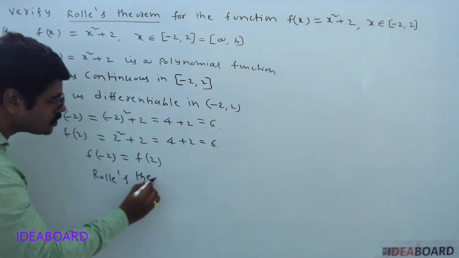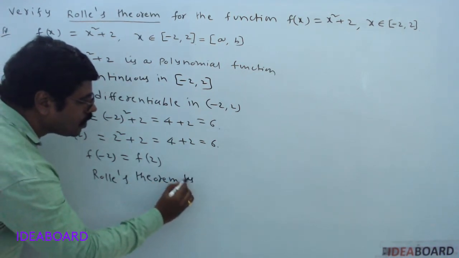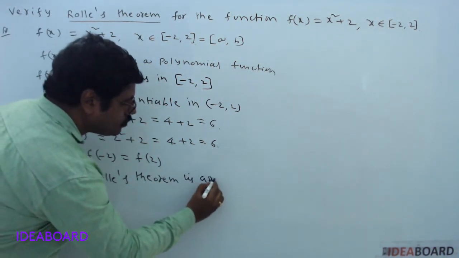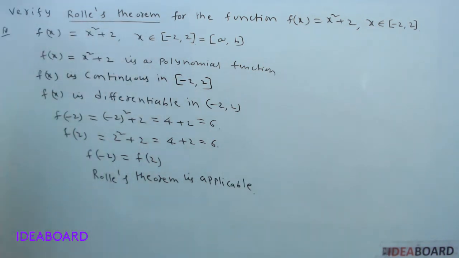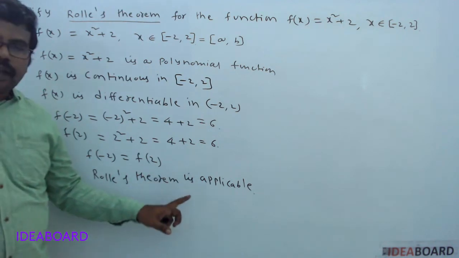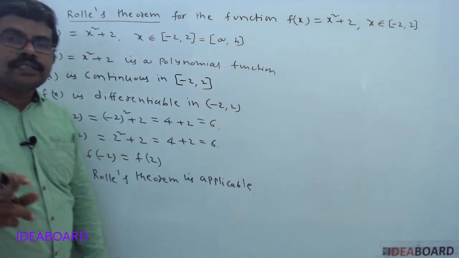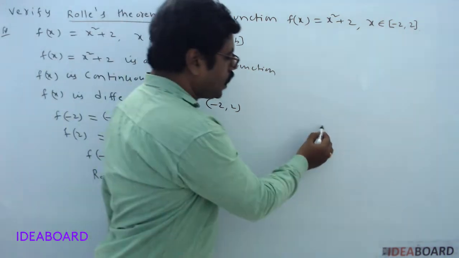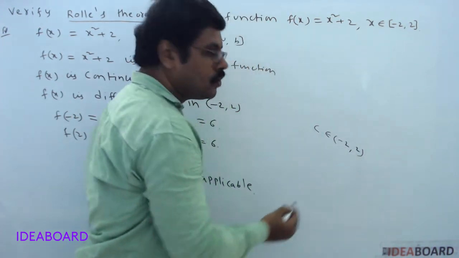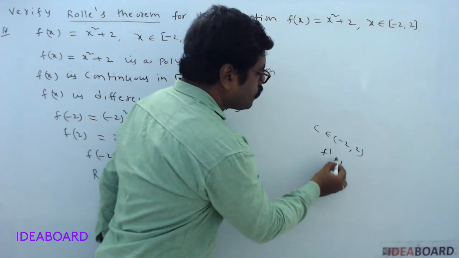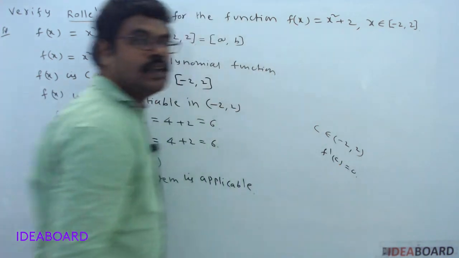Rolle's theorem is applicable to the given function f of x. So if Rolle's theorem is applicable, then there exists at least one value of c in the open interval minus 2 comma 2 such that f dash of c equals 0.